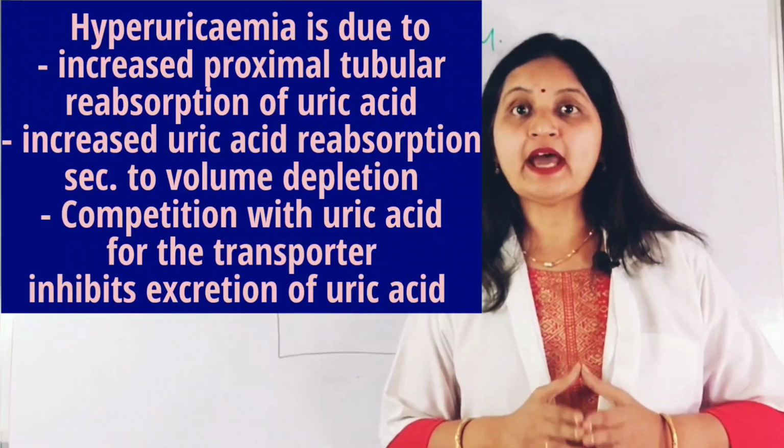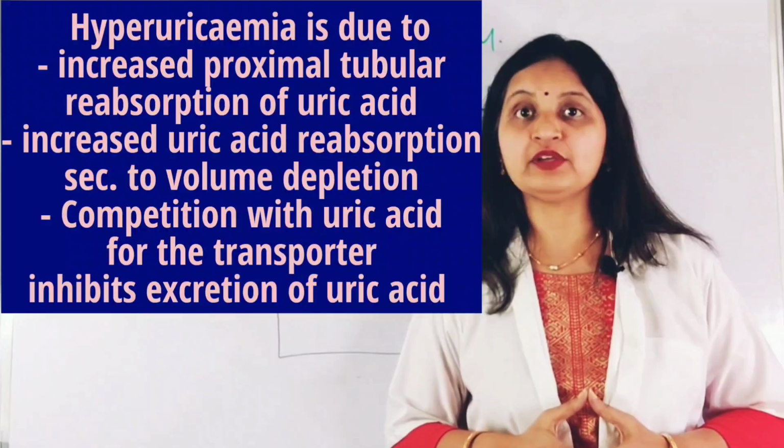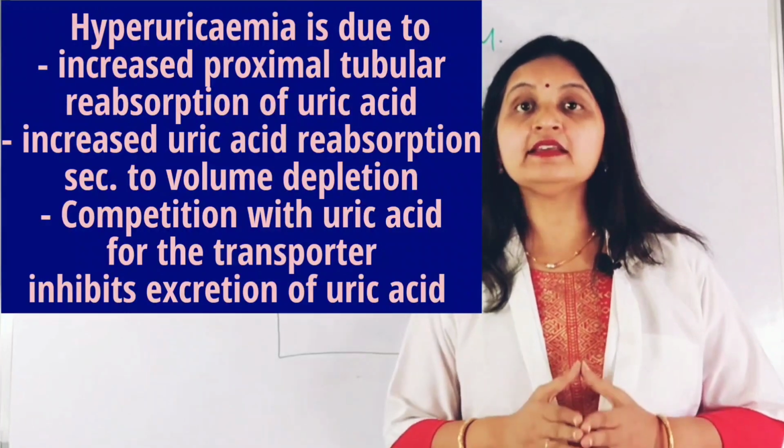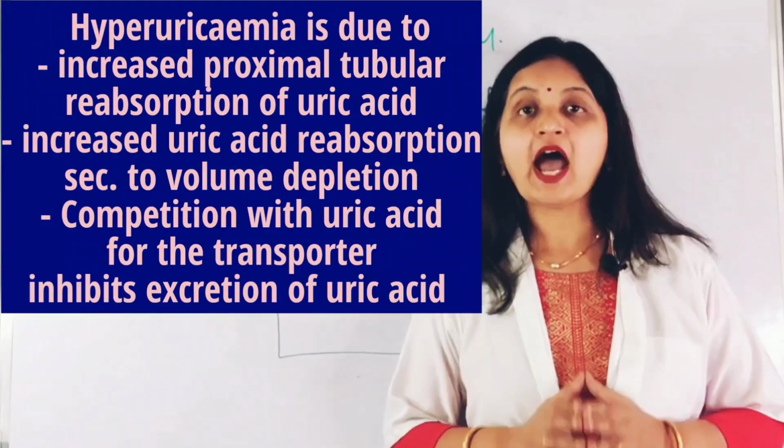So, the loop diuretics, by binding to the transporter, inhibit the excretion of uric acid into the lumen, and this leads to accumulation of uric acid levels in the body.